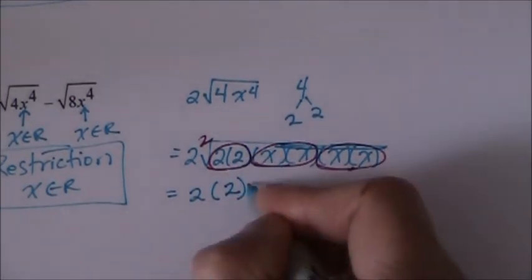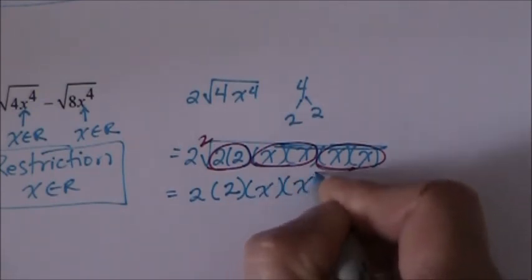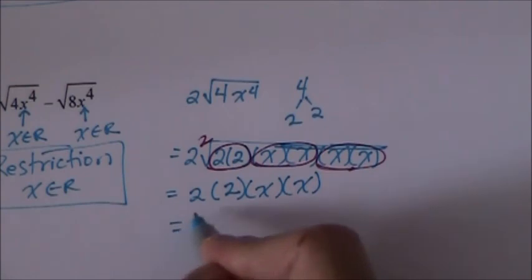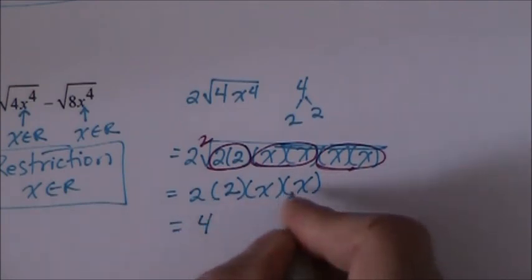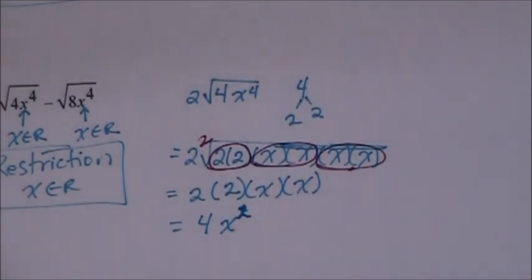We have 1x from the first circle group, 1x from the second circle group. 2 times 2 is 4. X times x is x squared. Okay, so there is our 2 times 4 times x to the exponent 4.